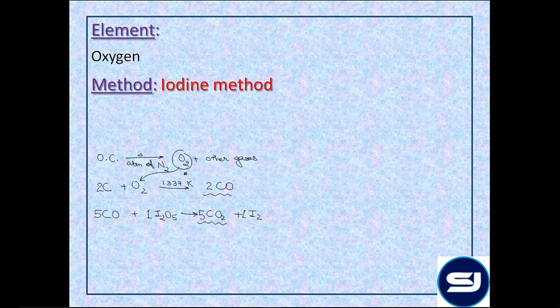So if I start from this oxygen, we can observe that we have 1 mole of oxygen and this 1 mole of oxygen is converted into 2 moles of carbon monoxide, and here the 5 moles of carbon monoxide is converted into 5 moles of carbon dioxide, meaning they are in the same proportion, same moles.